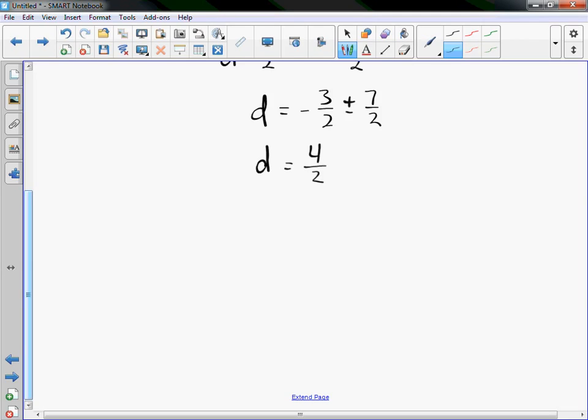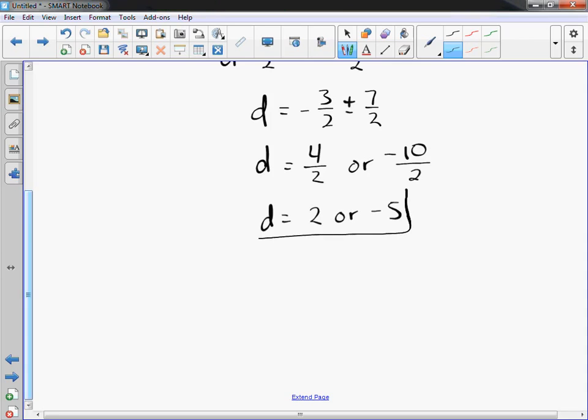Negative 3 minus 7 is negative 10/2. So D must equal 2 or negative 5. Okay, and that is an example of completing the square with integer solutions.